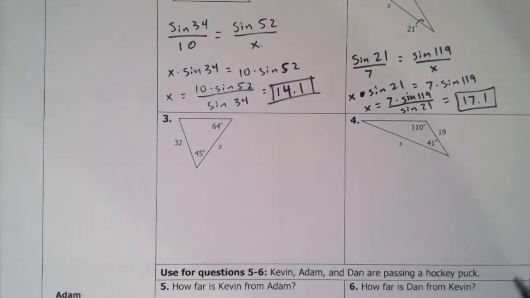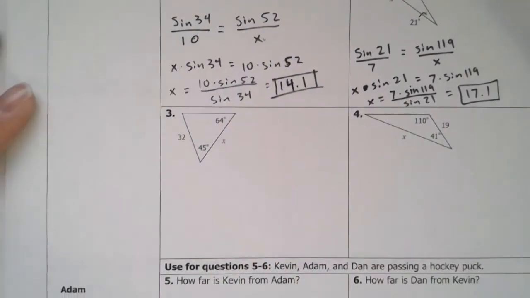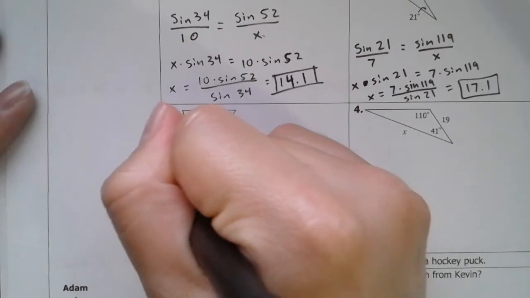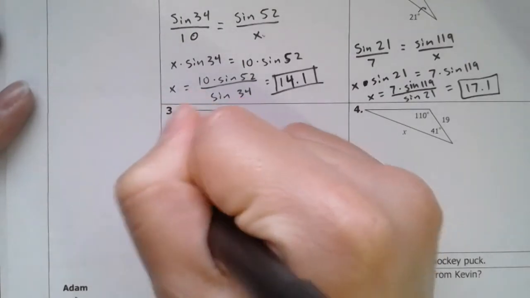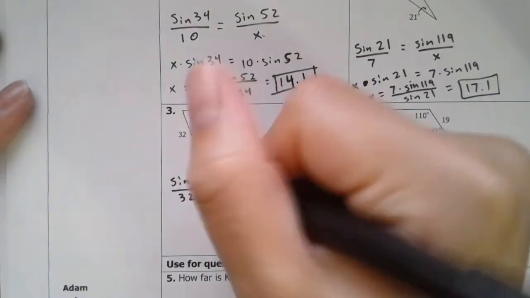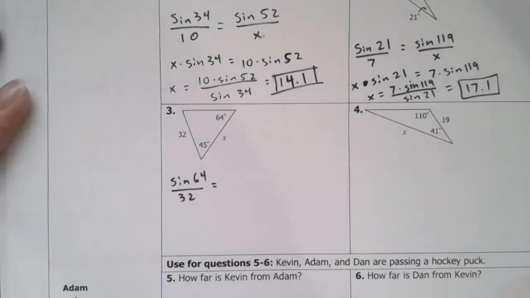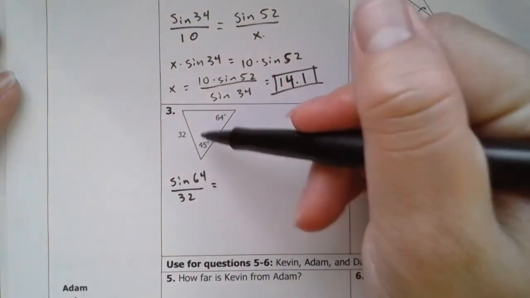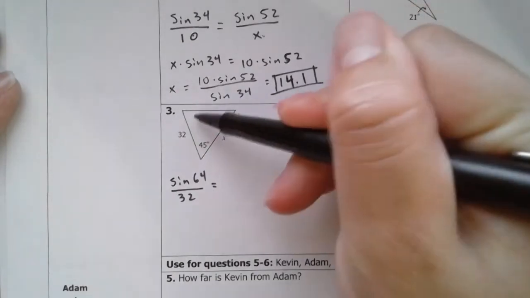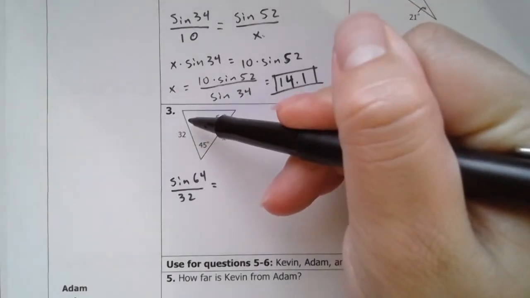For the third one, same thing, right? You'd have sine of 64 over 32. That's equal to, well, this one's actually a little different, right? To take this side here, I would need to find this angle here.